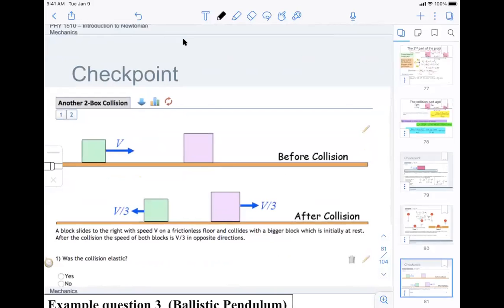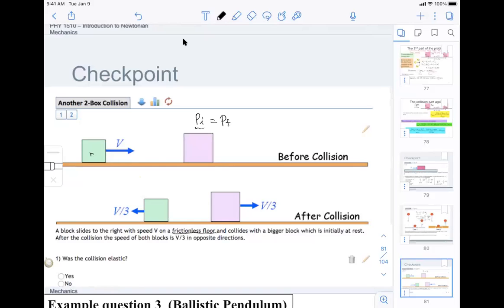So I know that this is a frictionless floor. Again, I can use conservation of momentum: P initial equals P final. And initially, what have you got?